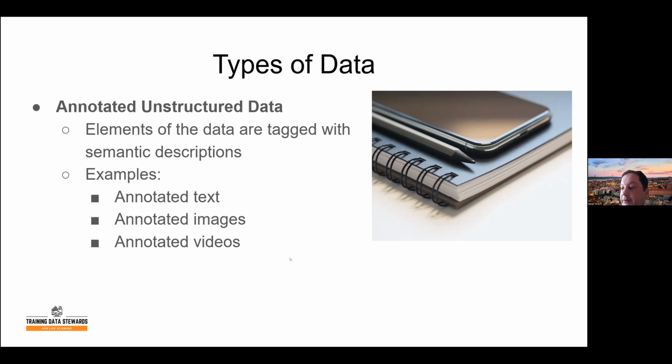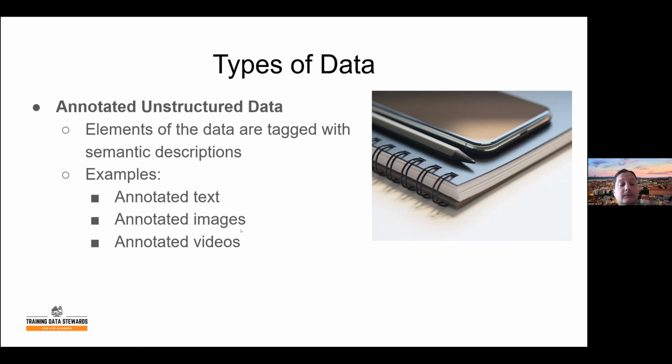Of course, to get around this, we can annotate unstructured data. Okay, and we can do it, and it's commonly done for text, for images, and for videos, which is to add tags or other data elements that describe what's in the video, that describe what's in a scene of a video, that describe what's in an element of a scene in a video, or what's in a portion of an image, or what's in a portion of text.